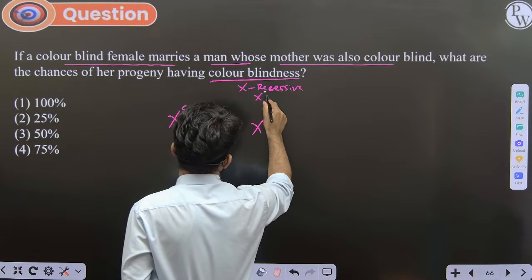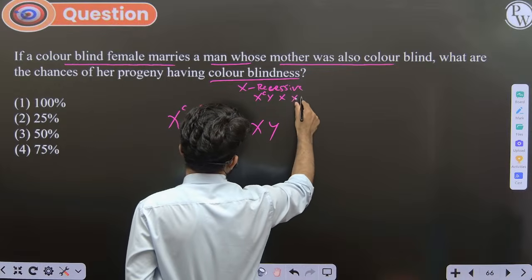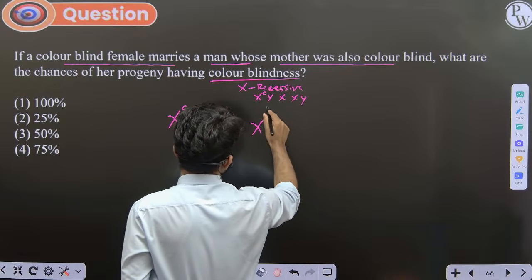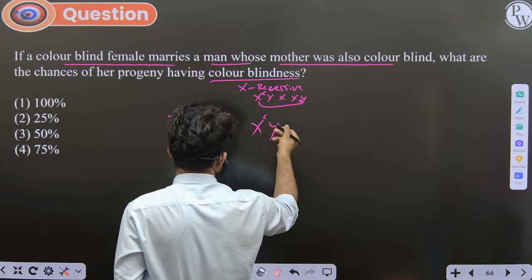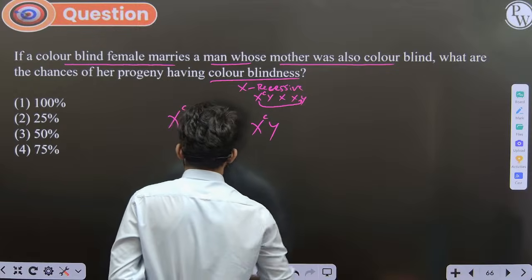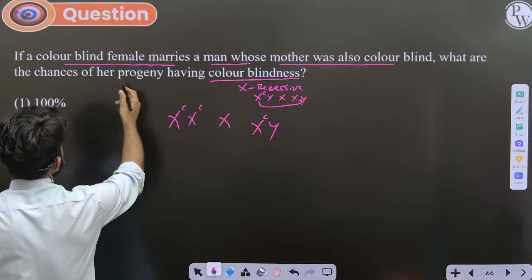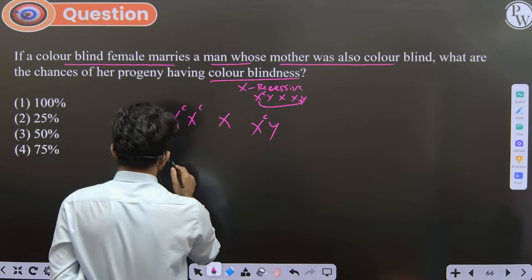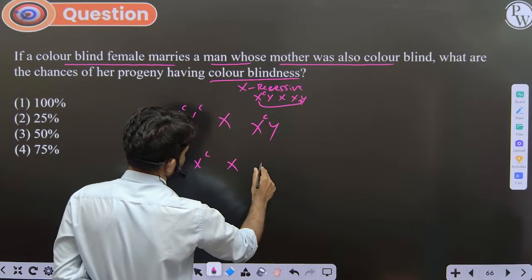That means the mother was color blind and married a normal man. So the possibility is that he is also affected. What are the chances of the offspring having color blindness?